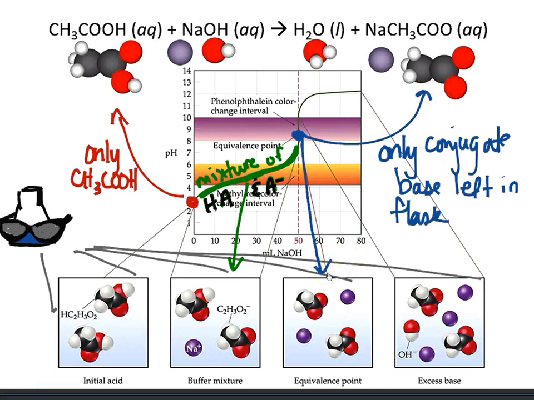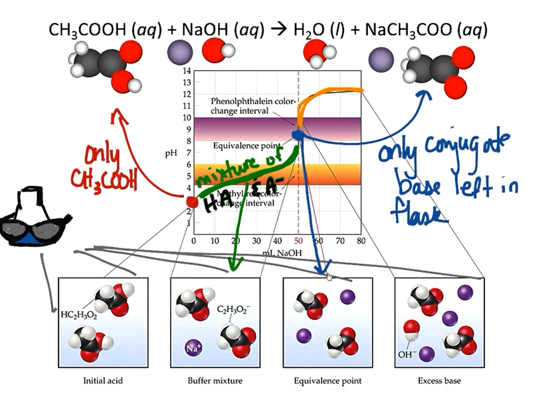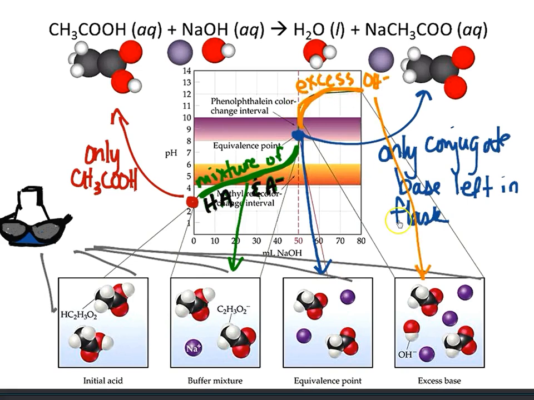That's this third box here where it's just acetate ion. And after the equivalence point, we have excess hydroxide that you see here. And so probably the best take-home message from the titration calculations is that you can identify what's in the flask at each point along a titration curve.